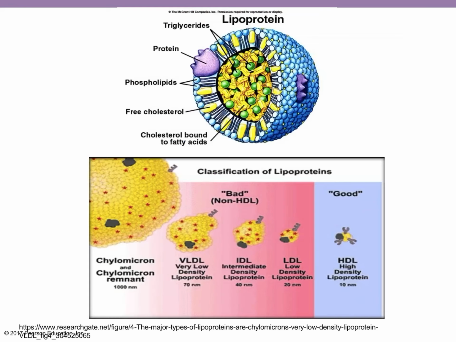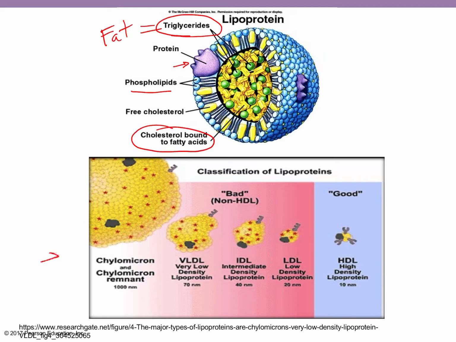But just for a quick glimpse at what is a lipoprotein, we can see that it is basically a micelle, so it's a single layer of phospholipids, and it's going to have some proteins involved, and then inside is where you're going to have all of your fats, your triglycerides. Remember, the word triglyceride is what we refer to as fat. So the triglycerides, along with other cholesterol and the fatty acids, are going to be found inside of this lipoprotein.